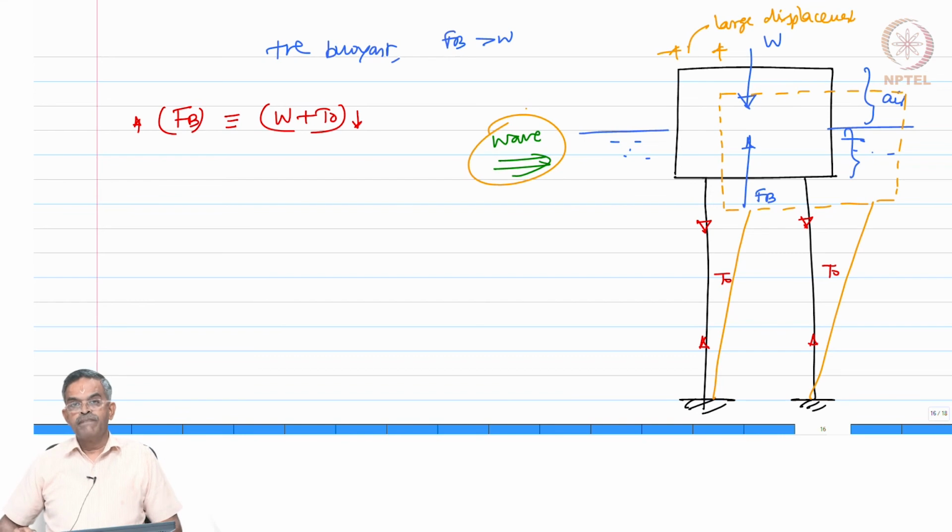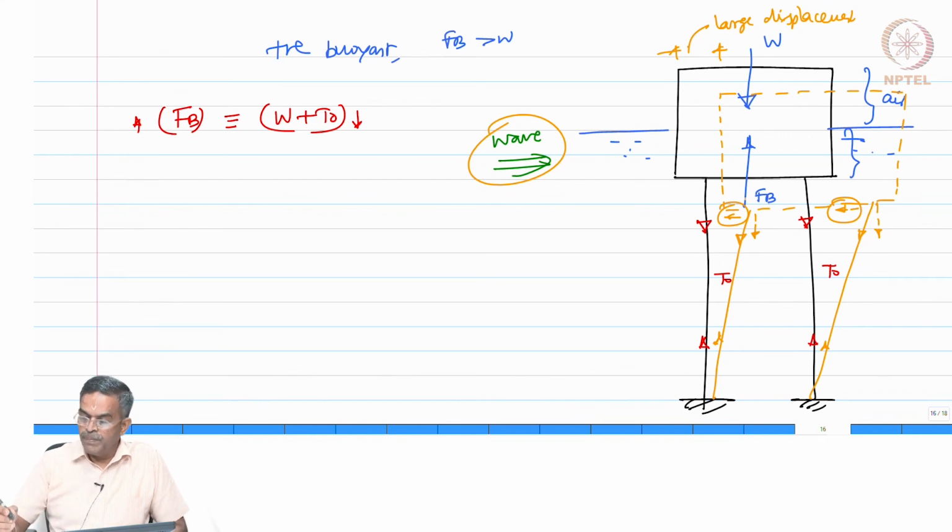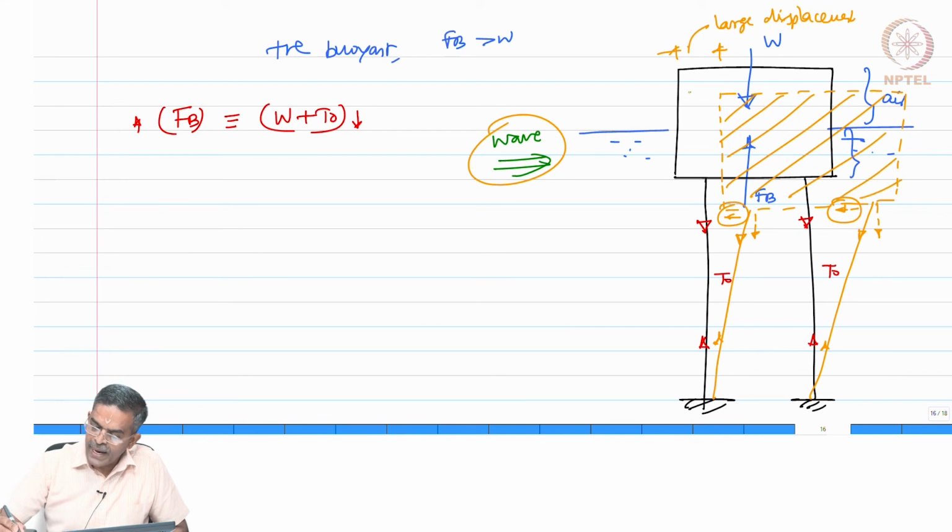But please understand, the system will try to regain its original position automatically. See how? Now, these cables will be in tension again. They will have a vertical and horizontal component. These horizontal components will try to bring this body back to the normal position.